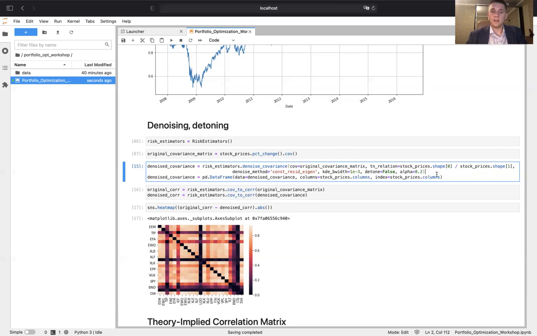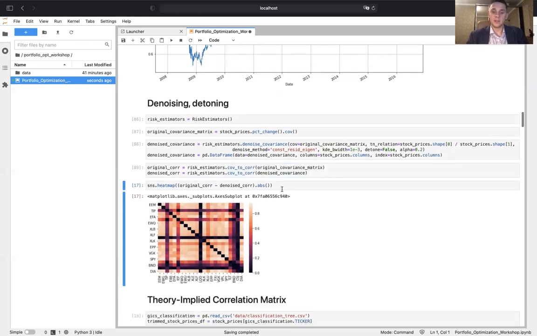And now let's create the denoised covariance. Here there is a very good function which converts a covariance matrix into a correlation matrix. So let's convert the original covariance matrix into a correlation matrix and also convert our denoised covariance matrix into a correlation matrix and plot the difference between these two matrices.